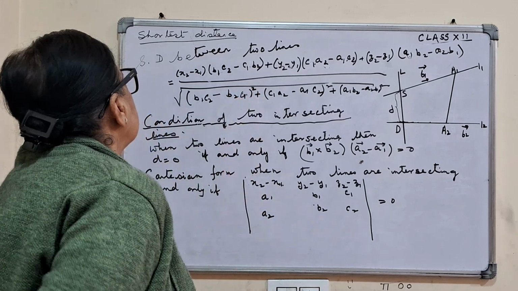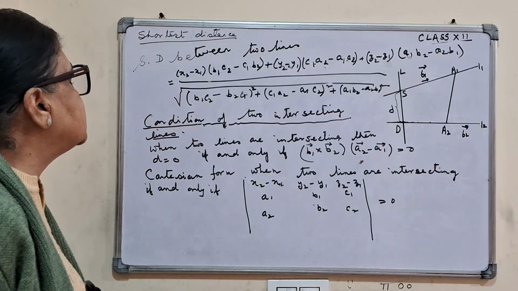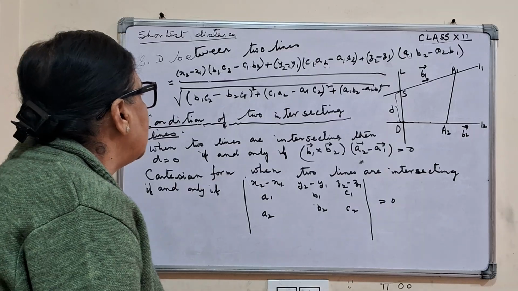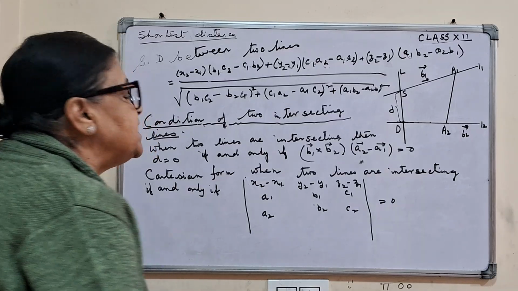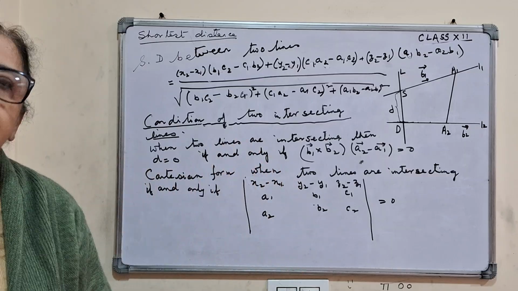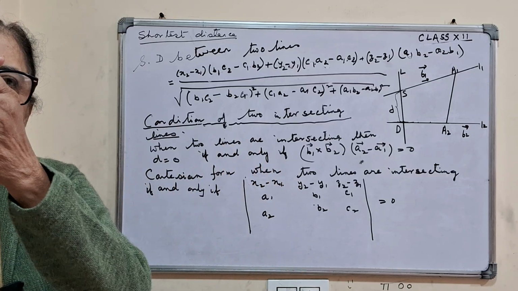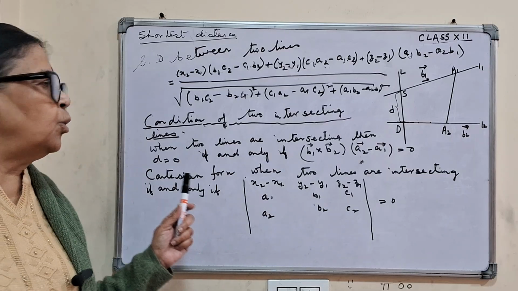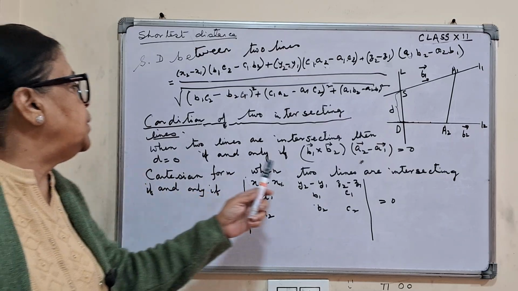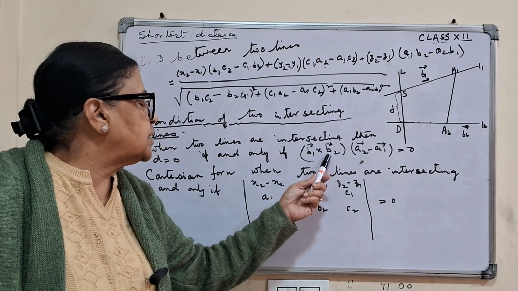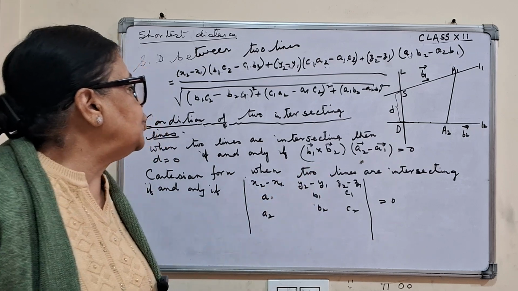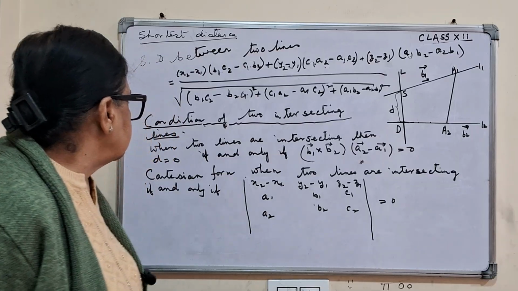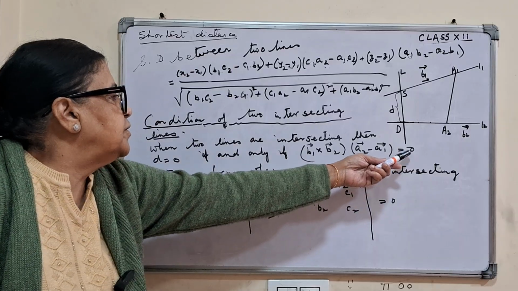Now the condition for two intersecting lines. When two lines are intersecting, the distance between the two lines is 0. So in vector form, B1 cross B2 dotted with A2 minus A1 is equal to 0.